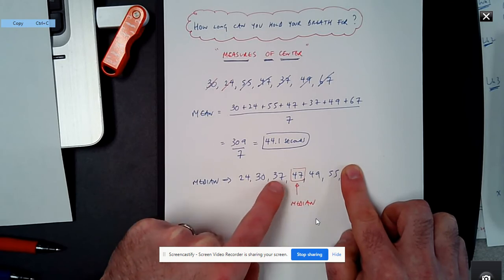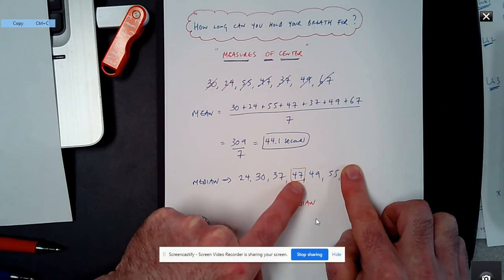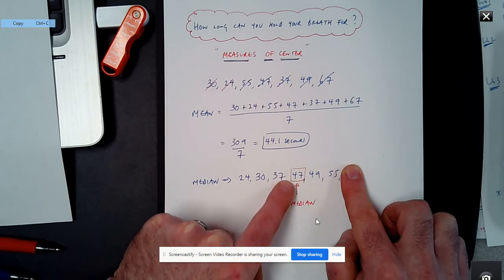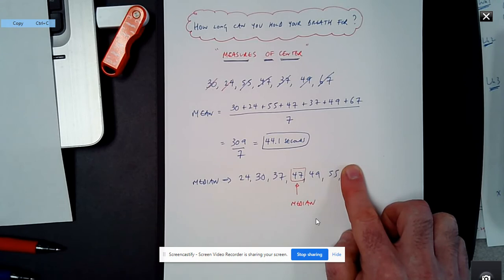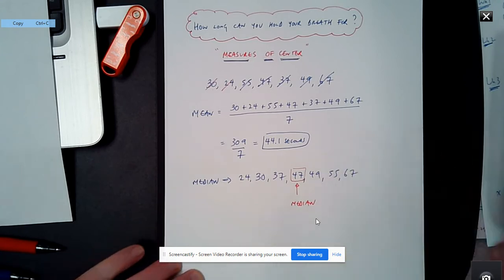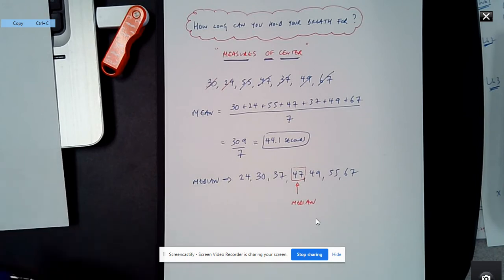So then what you would do is add these two up and divide by 2 to find the number that's exactly in the middle of 37 and 47. But when you have an odd number of data, that's always going to be the one smack bang in the center. So pros of medians, they're not influenced by outliers. A con of using the median is that you don't use all the numbers.